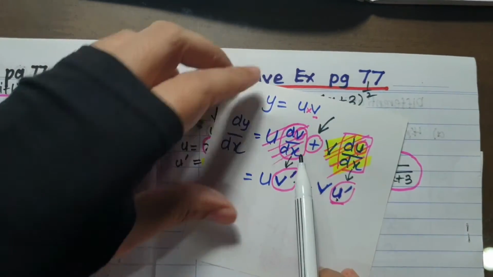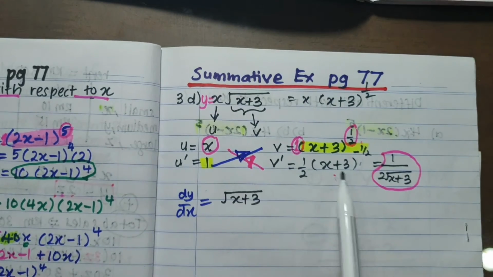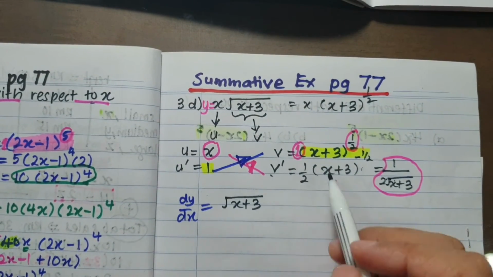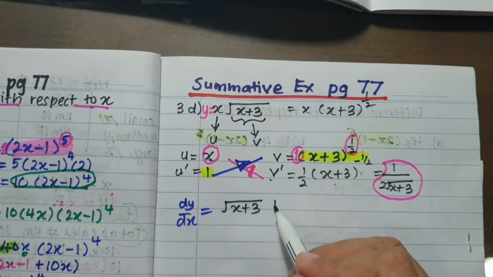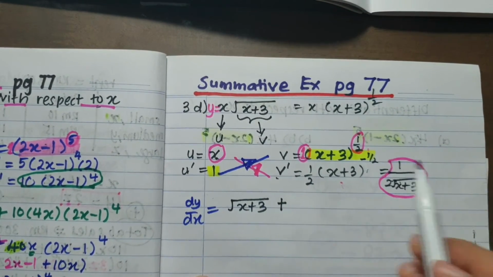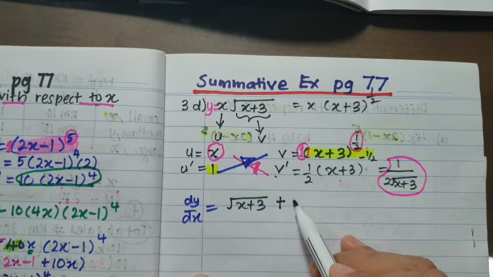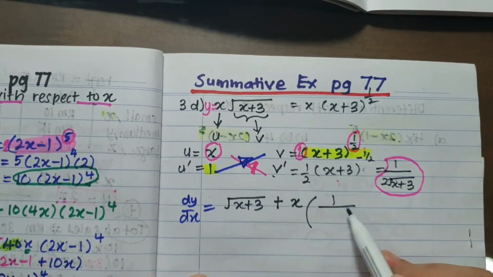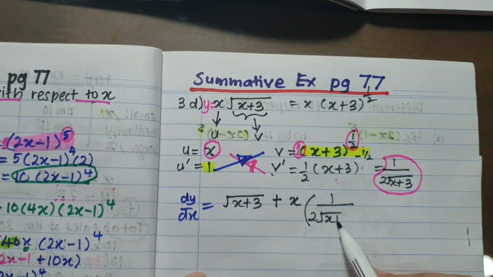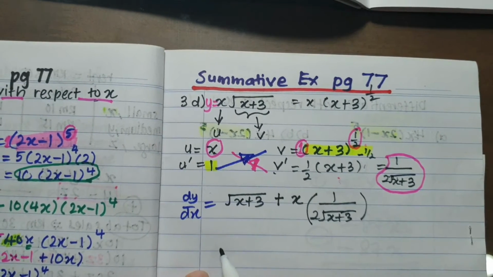Copy u, differentiate v. Now you see the operation here is plus positive, so just plus. You have x and this. Let's solve this.